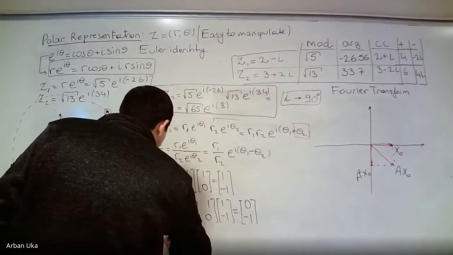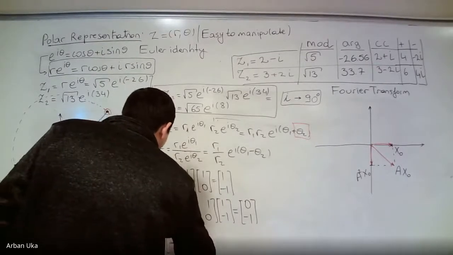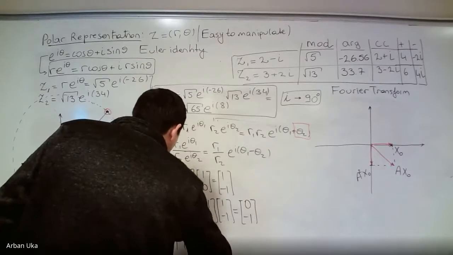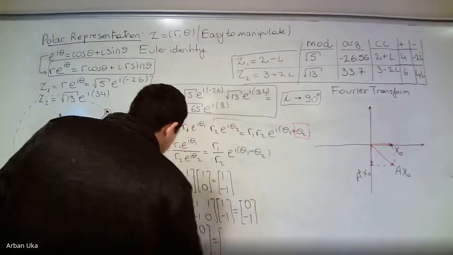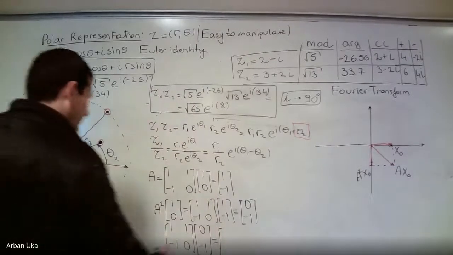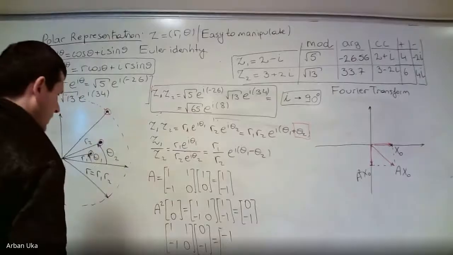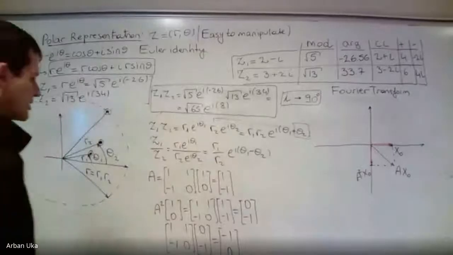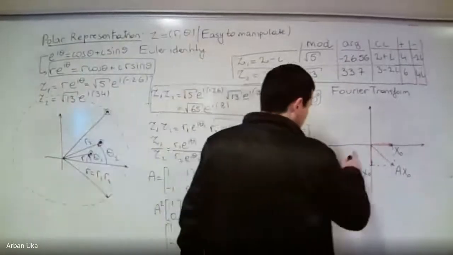That's good. So let's multiply this one again. We have 1, 1, minus 1, 0, multiplied with 0, minus 1. What is this equal to? Minus 1, 0. Is it true? Yes. Where is minus 1, 0?